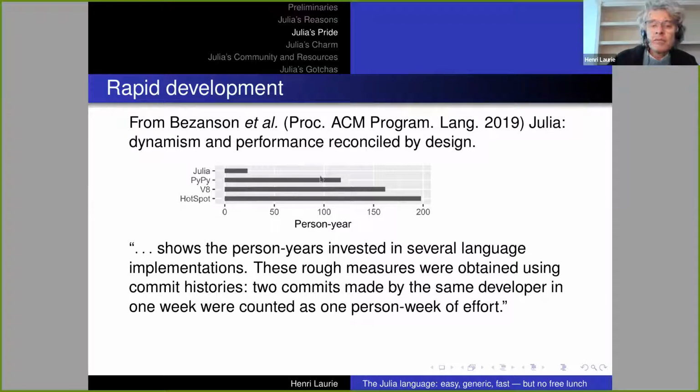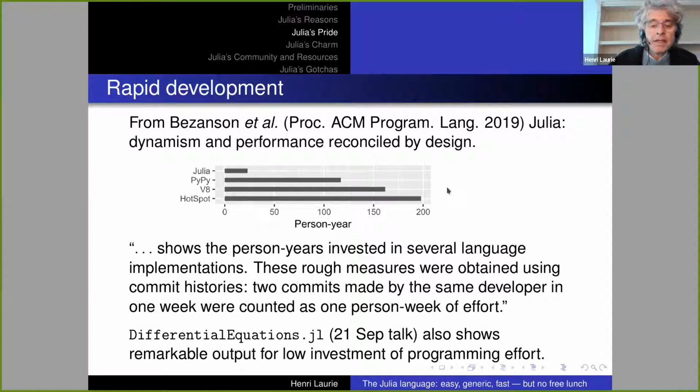I think the implication is that the very design of Julia has enabled very, very rapid development of code. It actually is much quicker to write code in Julia that performs at a very high level, like PyPy and V8 and HotSpot, which are all high performance implementations, I believe. I don't know any of them.